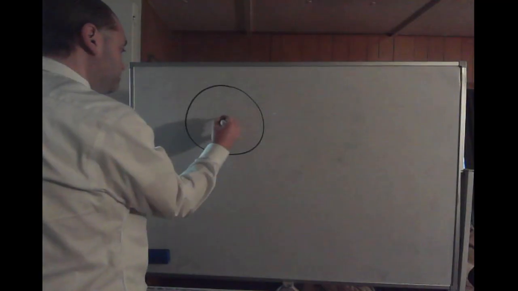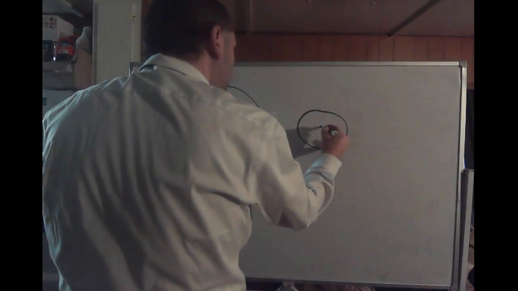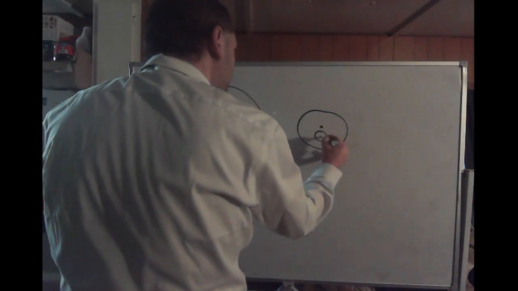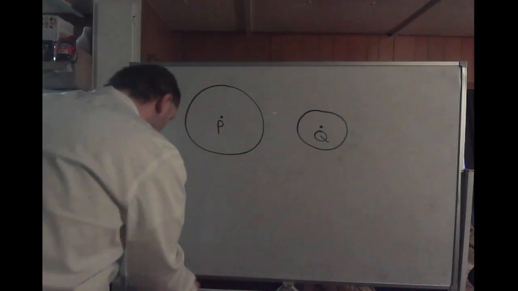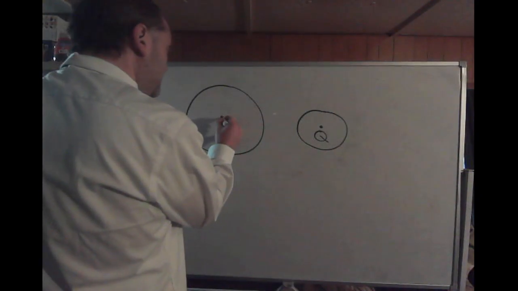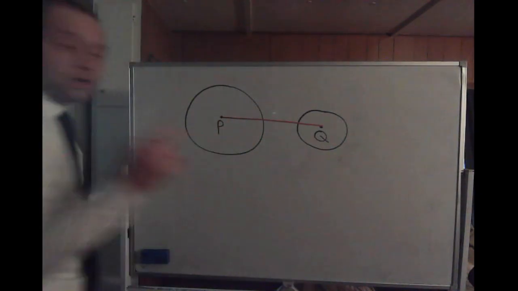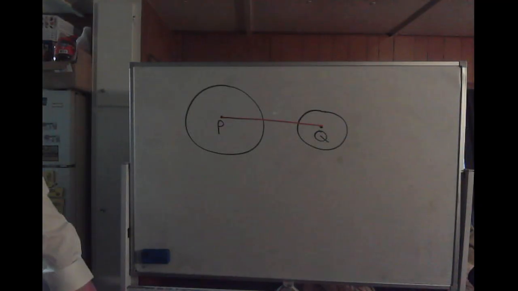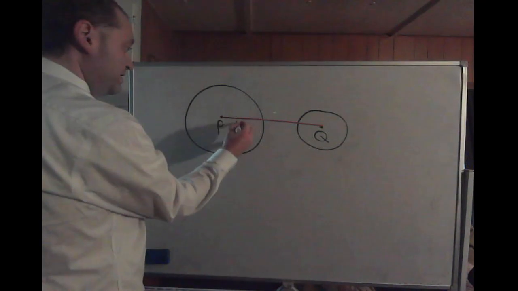So here's circle P again. This time we have a smaller circle Q that lies outside of circle P. We have a line that connects the two centers. The length of the radius of circle P is 11.